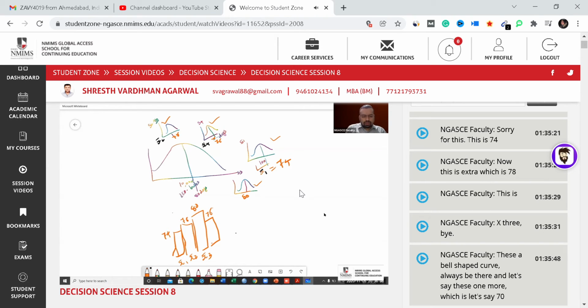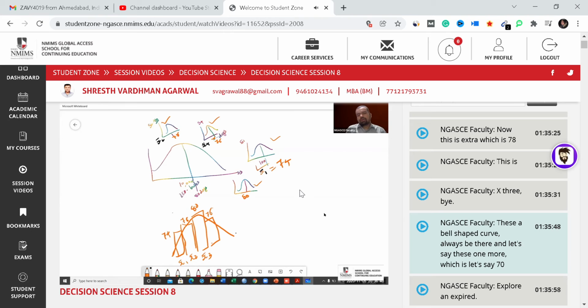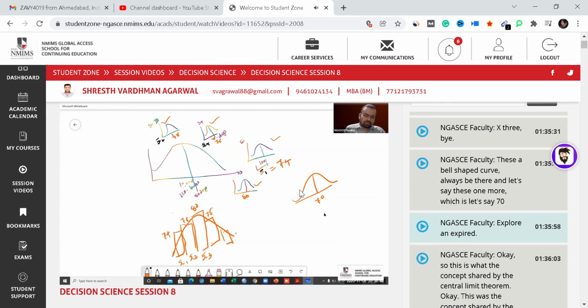There is a bell-shaped curve always there. And let's say there is one more, which is, let's say, 70. X4 bar and X5 bar.